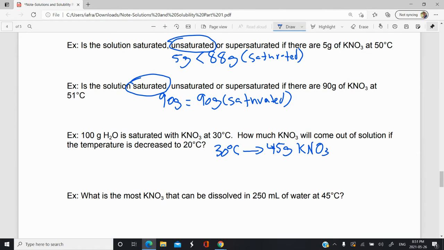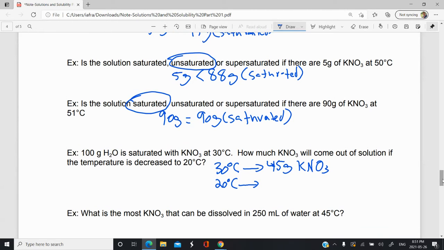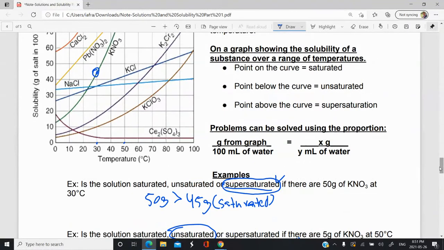Now, if you decrease the temperature of water, theoretically, you should be able to hold less KNO3. And as a result, some of the 45 grams that's dissolved in there would have to come out of the water. So let's go take a look at the 20 degrees here. 20 degrees can hold 30 grams of KNO3.